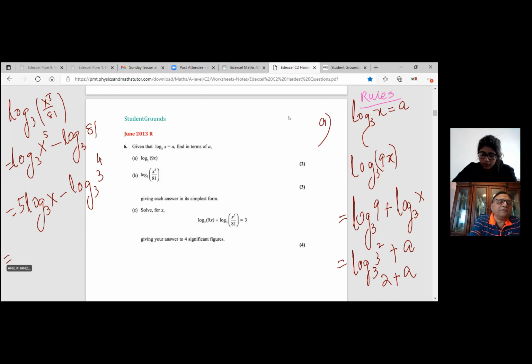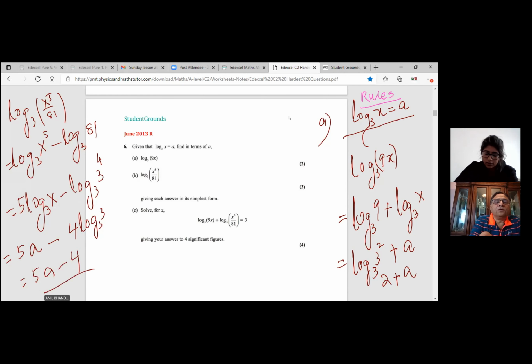So we have 5 log 3 of x, which is given to us as a, right? So we'll write this as 5a, and minus, here we have 4 log 3 of 3, right? So another rule will be applied here: 5a minus 4. Is that clear to you? So we know that log a of a is 1, correct?